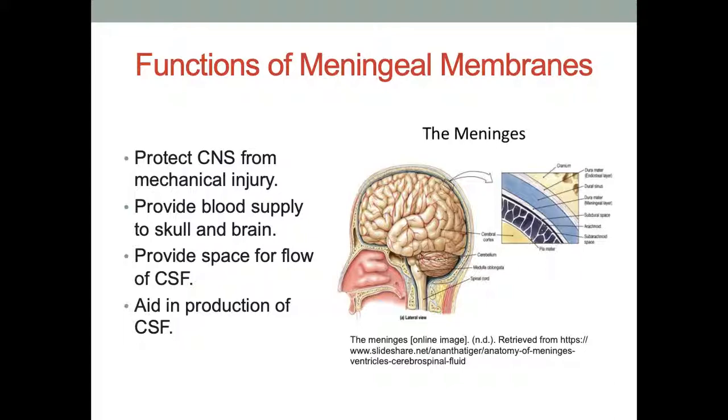These are also placed to contain the cerebral spinal fluid. So the subarachnoid space between the arachnoid mater and the pia mater is where the CSF flows, and we do kind of want to keep that in place. And then, like we said at the end of the last slide, the pia mater aids in the production of the cerebral spinal fluid.